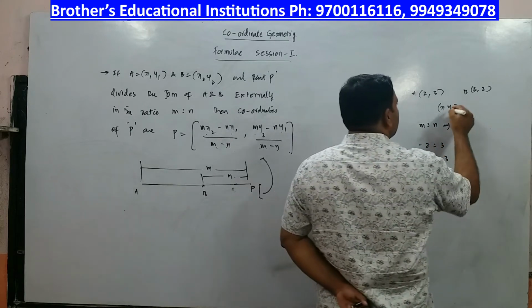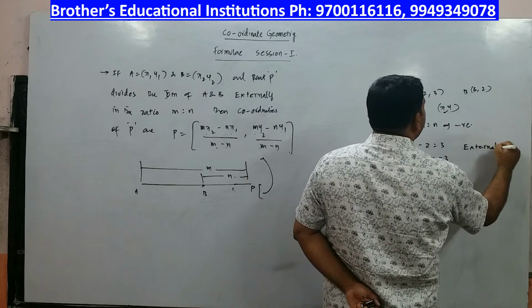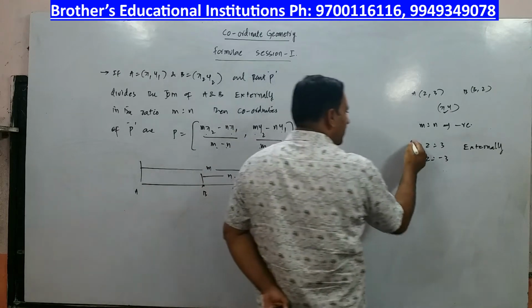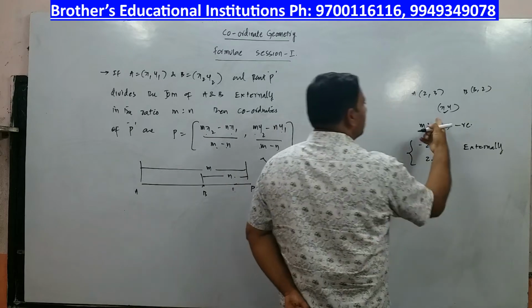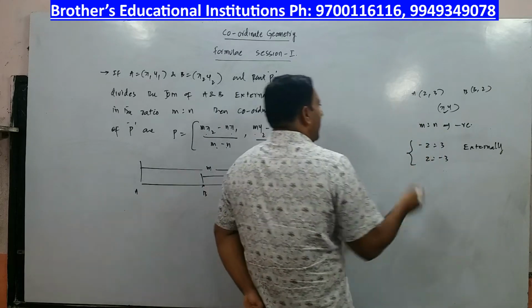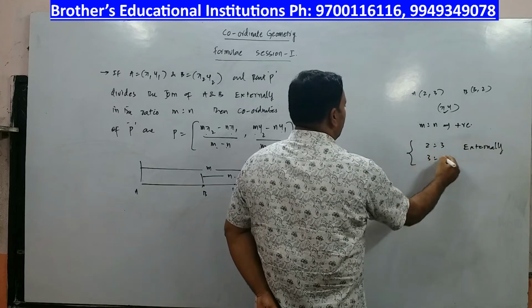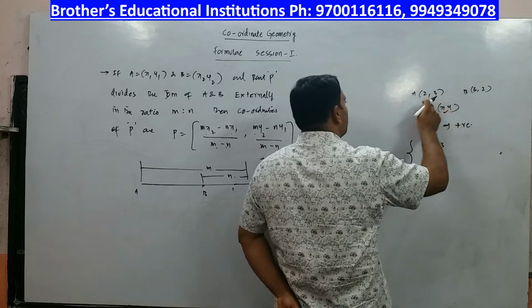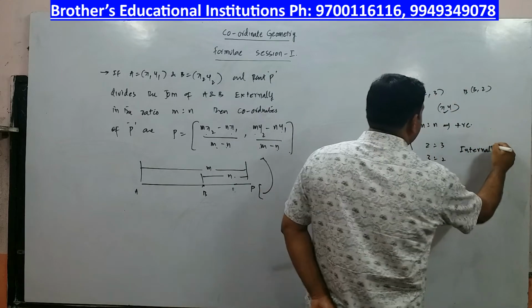Then it means that (x, y) is dividing externally. It won't be mentioned anywhere that it is external. By looking at the ratio, where the ratio is negative, in either the x part or the y part, you will say that the point is dividing externally. And if m is to n is positive, meaning 2 is to 3 or 3 is to 2 or whatever it is, a positive ratio, then you will say that the point is dividing these two points internally. So please keep that in mind.